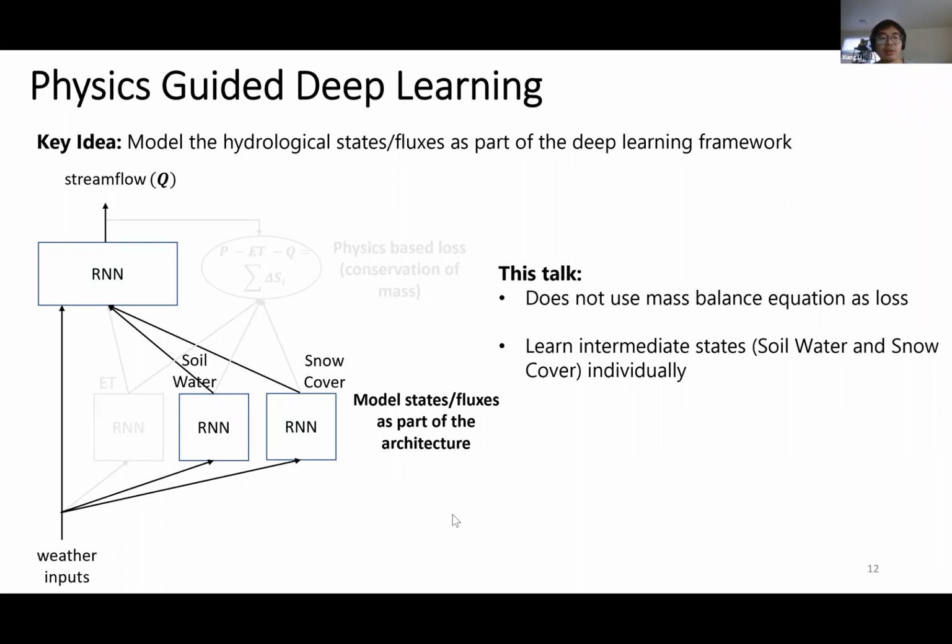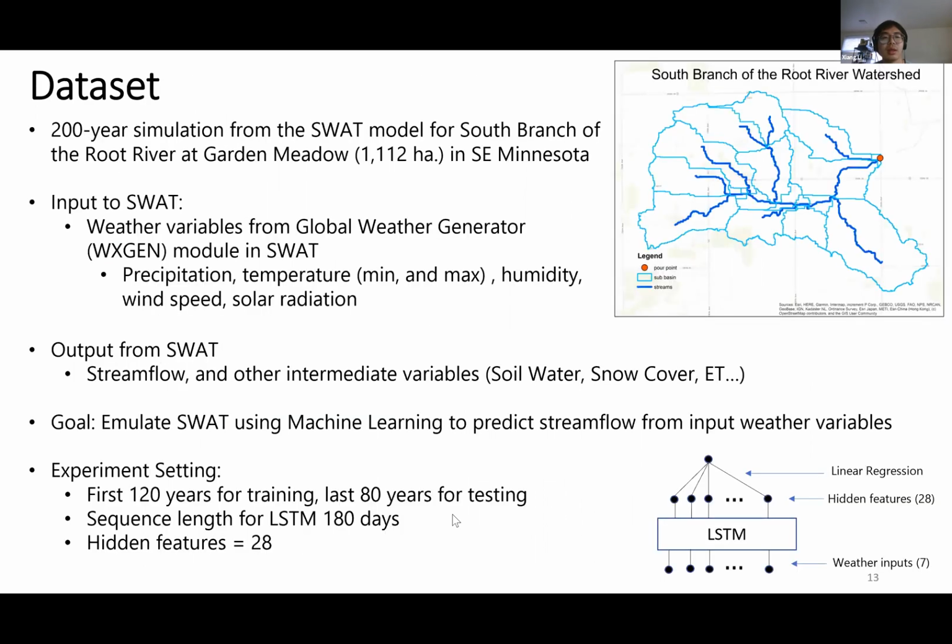And all of the intermediate variables, like those state values, are learned individually. We implement this approach using synthetic data coming out of a hydrological model called the SWAT model for one of the watersheds in southeast Minnesota. It is the South Branch of the Root River at Garden Meadow. The input to SWAT is a synthetic data set.